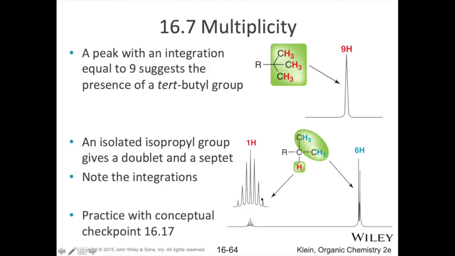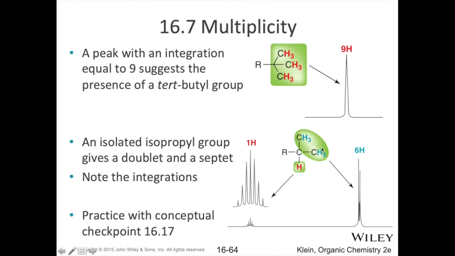A septet next to a doublet should immediately tell you you've got an isopropyl group. Again, an isolated one. If you've got hydrogens coming off here, that might affect the splitting on this hydrogen, where we're going to get into the whole doublet of doublets and things like that I mentioned earlier. So I'm getting ahead of myself a little bit. Let's focus on our isopropyl group here.